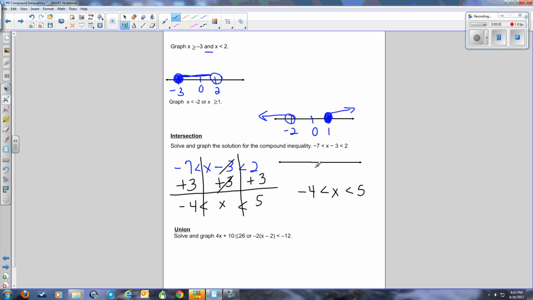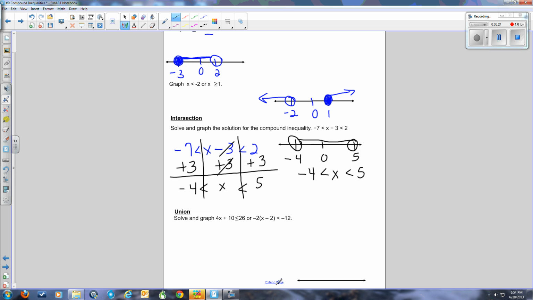Basically what I'm saying is that x must fall between -4 and +5. So here's -4, here's 0, here's +5. We'll put open dots on the -4 and 5, and since it must fall between them, we're going to connect them. So there's another example of an intersection.